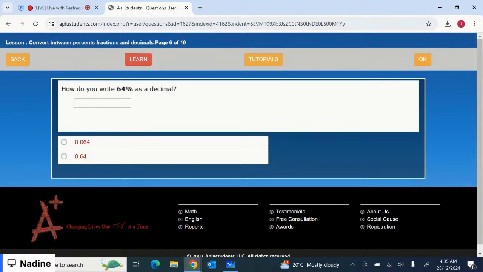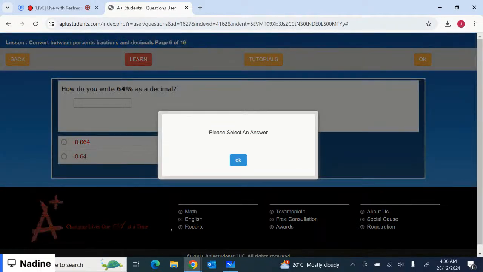How do you write 64% as a decimal? 64% as a decimal is 0.64.